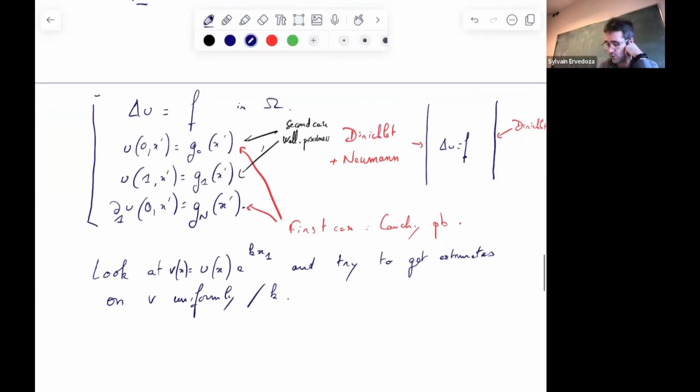Okay, just one remark before going further is that here I have three boundary conditions. Three boundary conditions for the Laplace operator, this is too much.